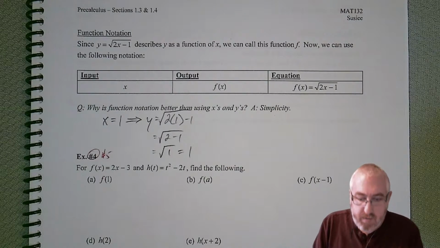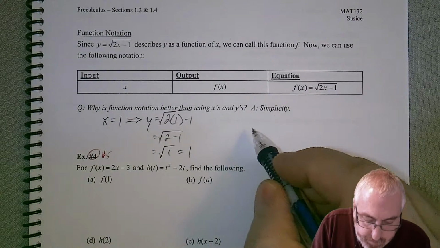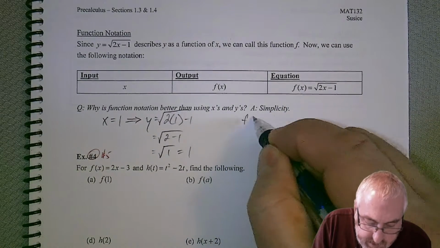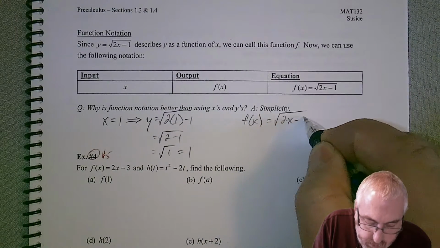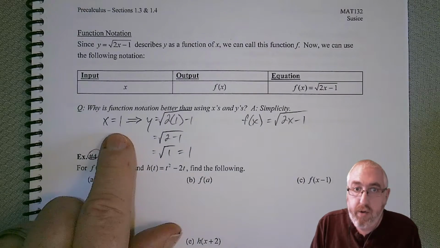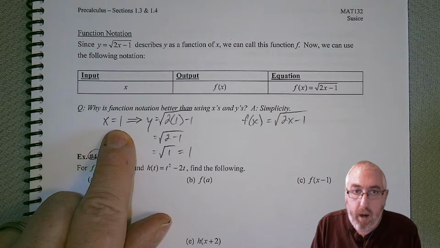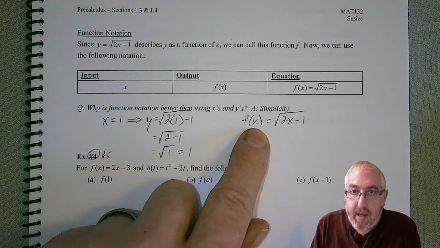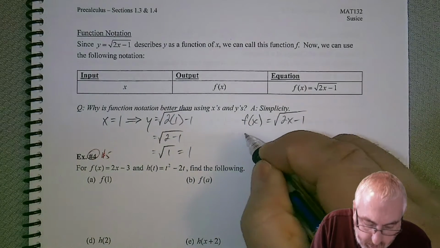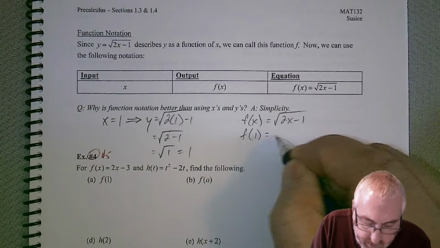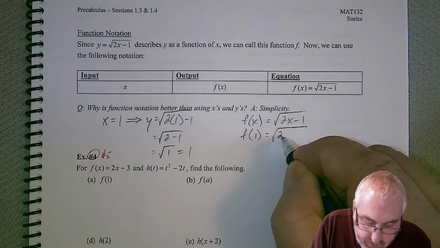But if we look at it in terms of a function, I have f of x equal to the square root of 2x minus 1. If I wanted to have an input of x equal to 1, all I do is replace that in this original notation on the left. So I would say f of 1 is equal to, and now I do the same thing.